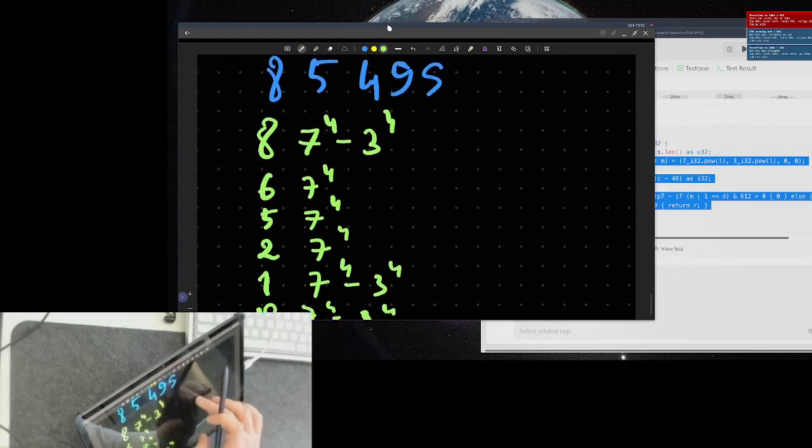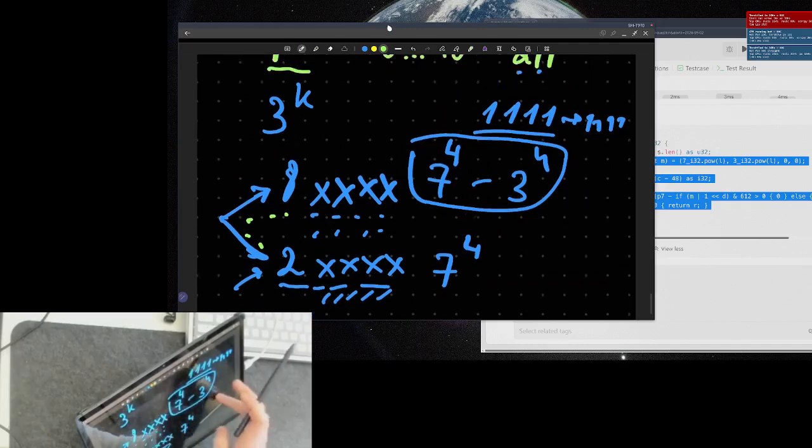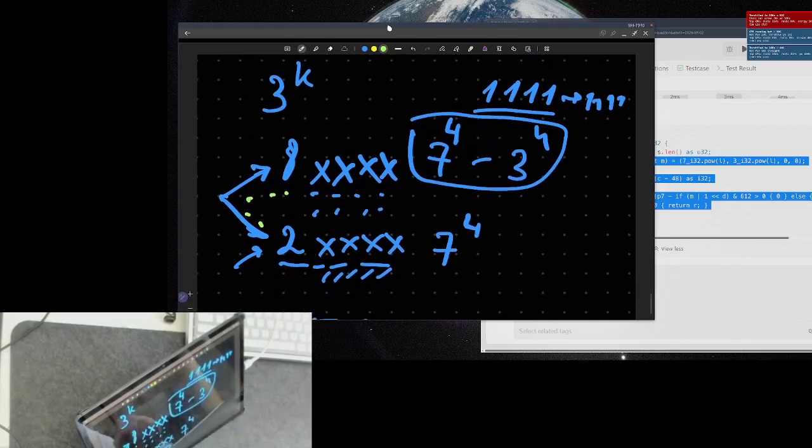So if you're with me, this was my intuition about how we're checking how many good digits or good numbers we have in some suffix.